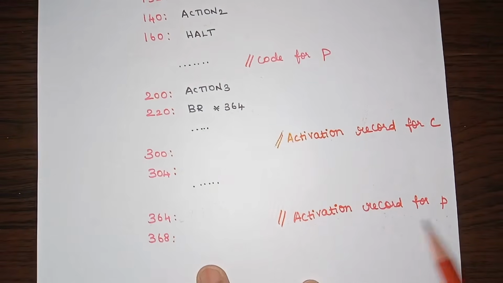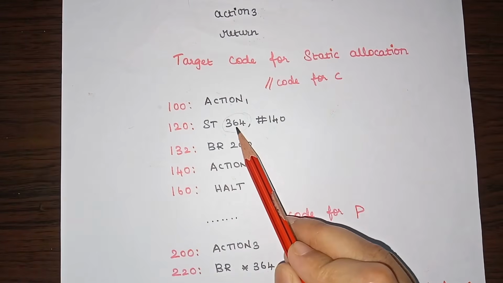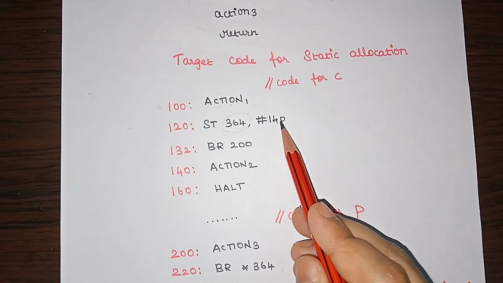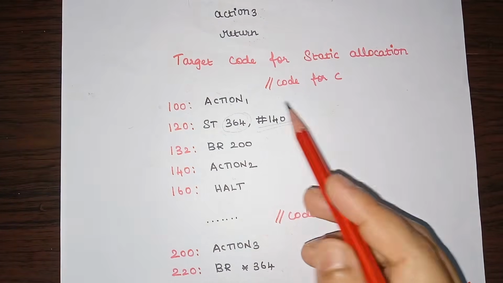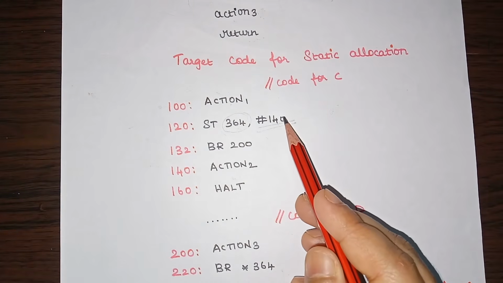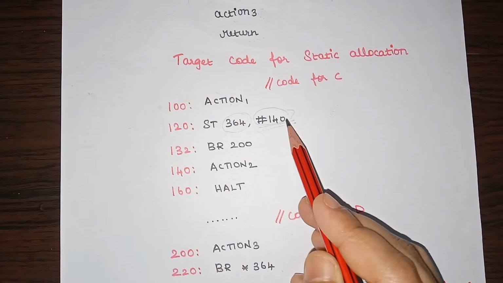So for the activation record of P, the beginning address is 364, so that should be given here. And this should contain the return address, right? When the control comes back, it will move to this particular address, which is why this is the return address.